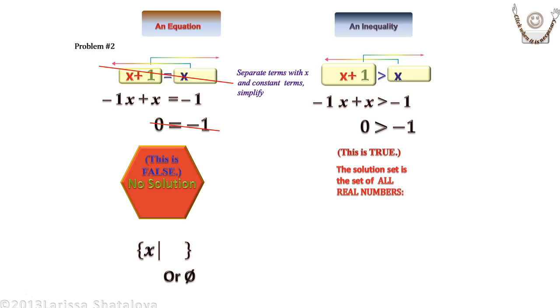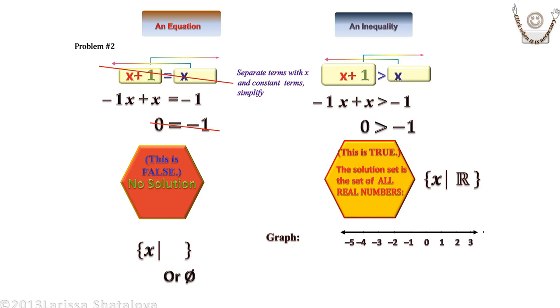And we can show this in set-builder notation as R. R stands for all real numbers. Now I can show you all types of answers which could be given for this particular inequality. On the real number line, you can see a solid line going from negative infinity to positive infinity, all real numbers.